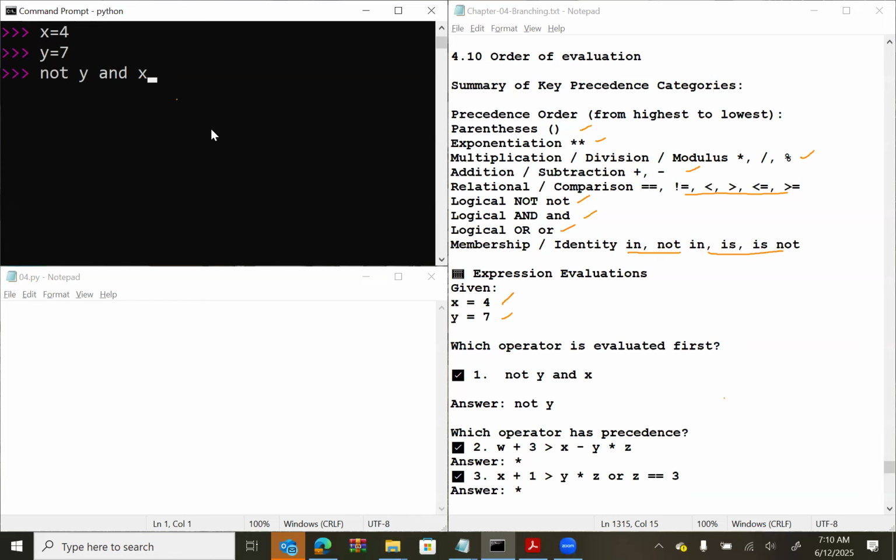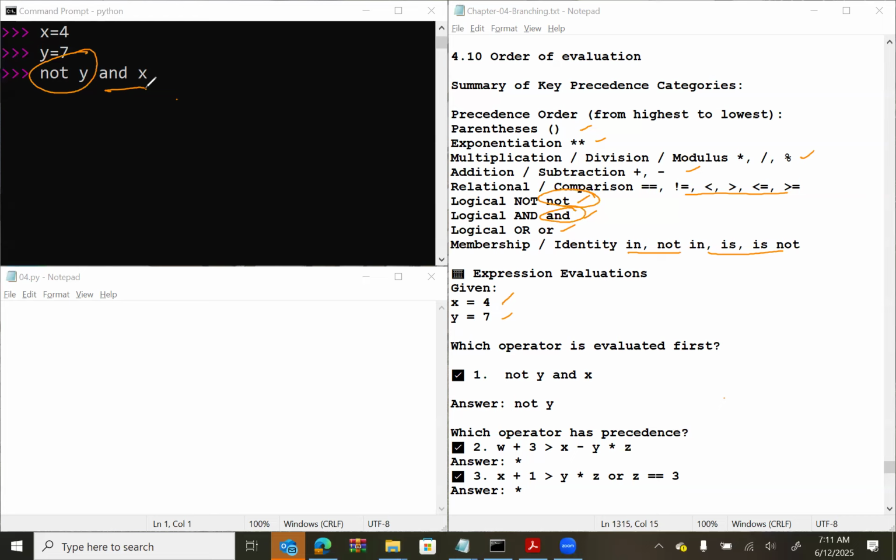If you see here, not is the first one. Not y will be solved first, and then we have and, so the and will be solved next. Keep in mind that any non-zero value means true.